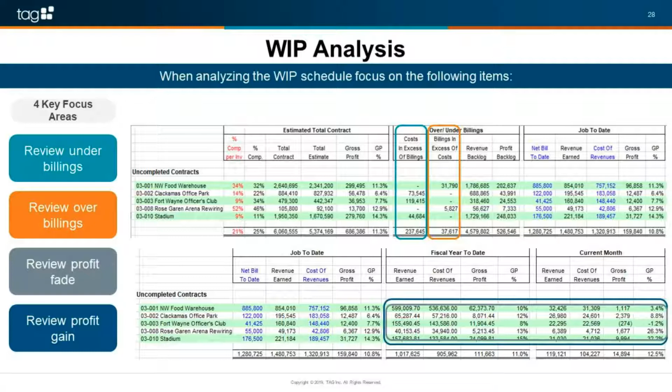Well, that is true. However, underbillings really aren't a good thing because what's happening with an underbilling is you are financing that job for that customer, right? You're using your money to pay for all the costs and waiting for them to pay you back, right?